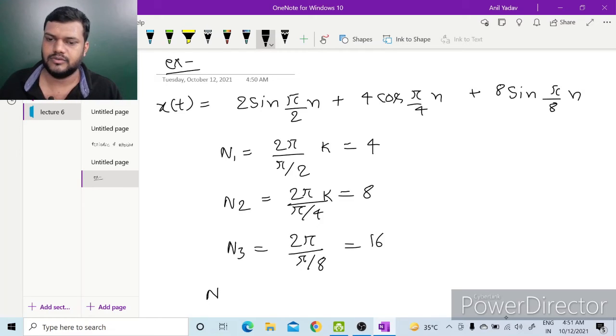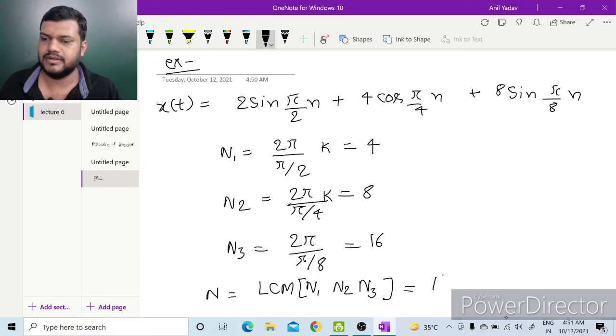So now the overall fundamental period N is the LCM of all the individual fundamental periods, that is N1, N2, N3. So LCM of 4, 8 and 16 will be 16. So our fundamental period is 16.